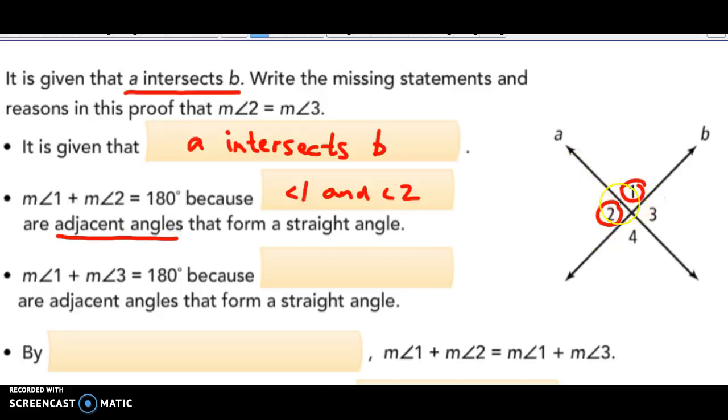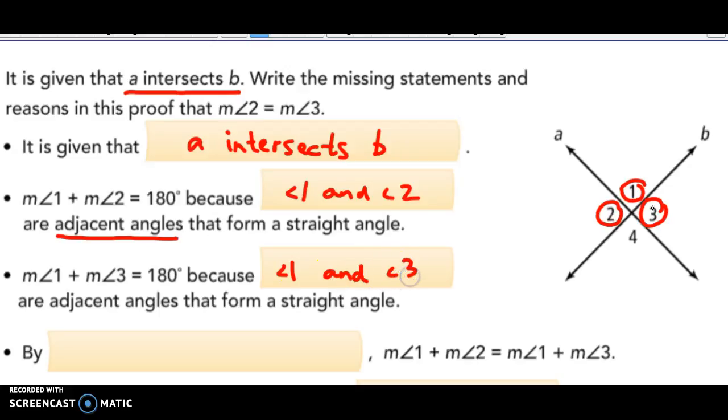They share this side, they share this vertex, they're adjacent, and they form a straight angle. So a straight angle is 180 degrees. So if these are adjacent and form a straight angle, then when I add them together, they have to equal 180.